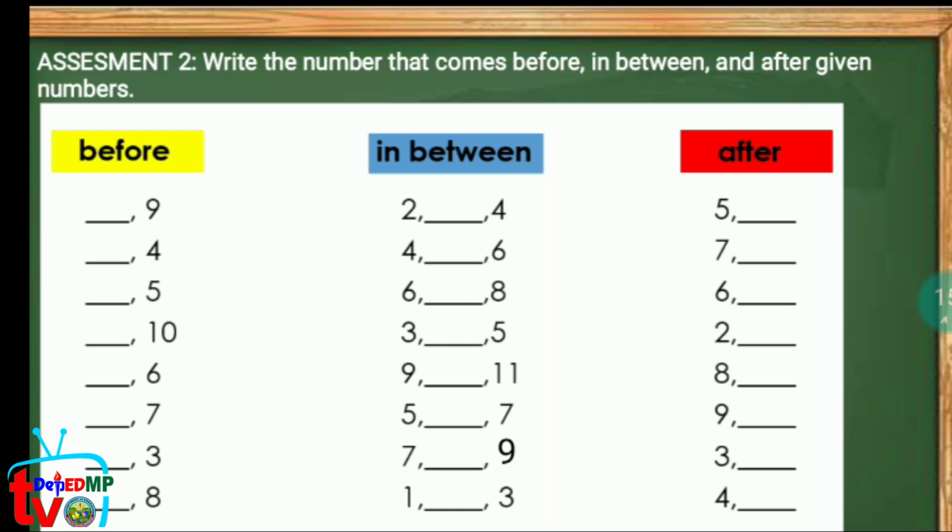What number comes in between 2 and 4, 4 and 6, 6 and 8, 3 and 5, 9 and 11, 5 and 7, 7 and 9, 1 and 3?